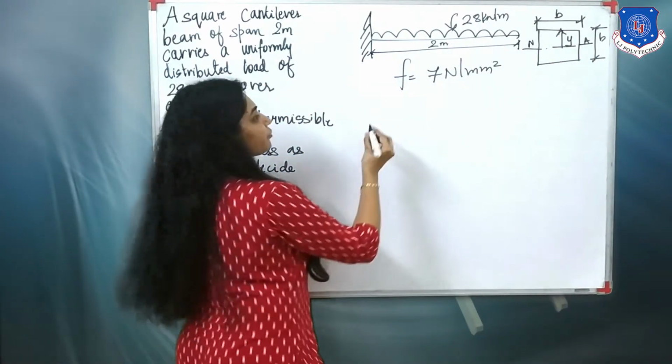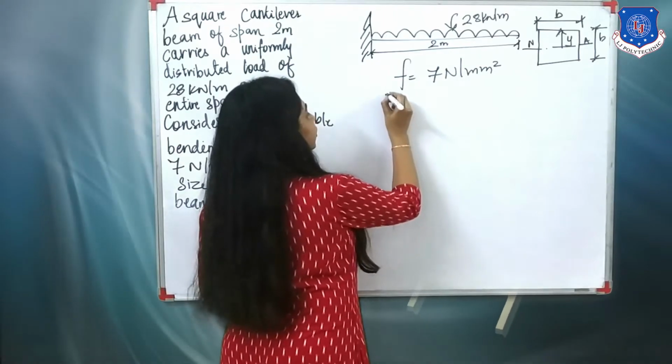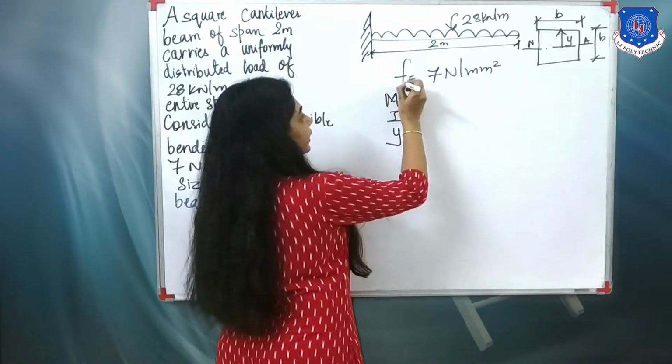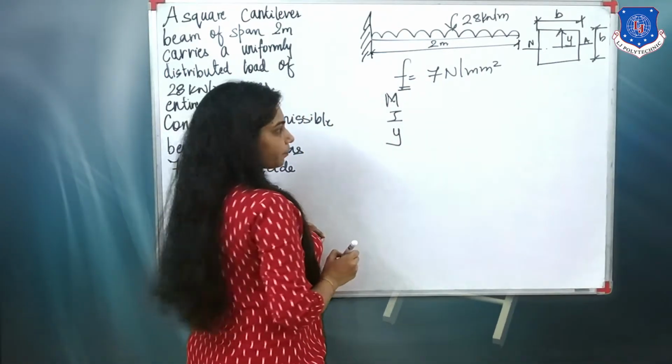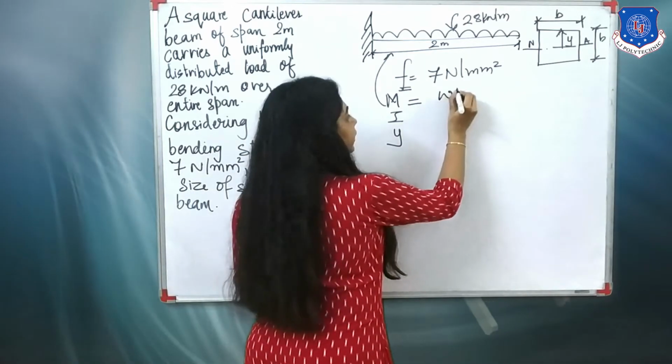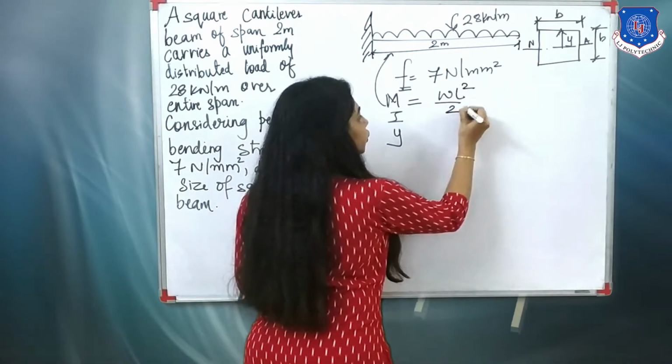And as per my flexure equation, I need to find out M, I, Y, and F is already given. Finding moment for cantilever with UDL, which will be WL square by 2.